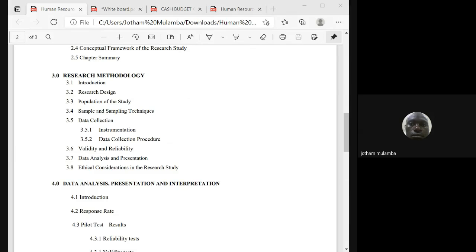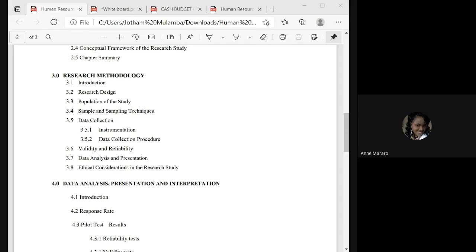Who can tell us methods of data collection you know of? Anne, which method of data collection do you know? You have primary and secondary. Okay, yes, that's a major classification of methods of data collection. But now we want to look at the methods themselves.